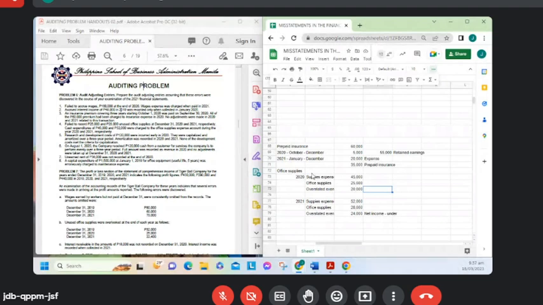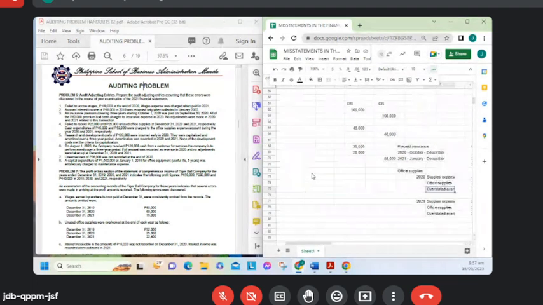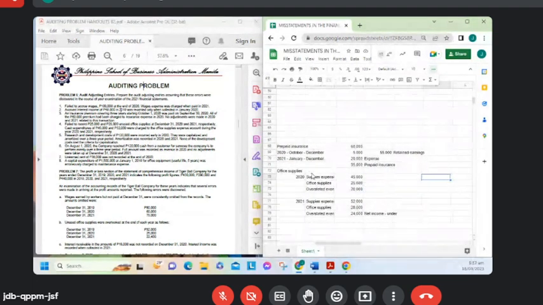Cash expenditures for the year. Teka lang. Expenses overstated. Okay, so tama na pala to.